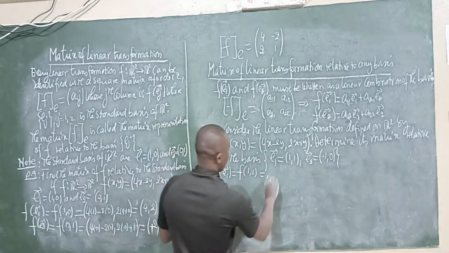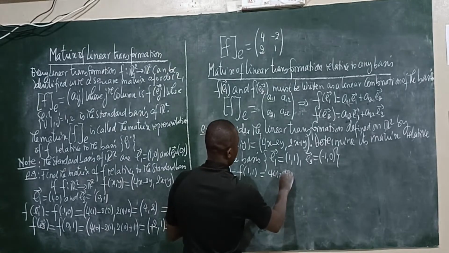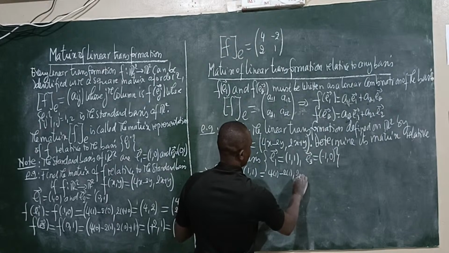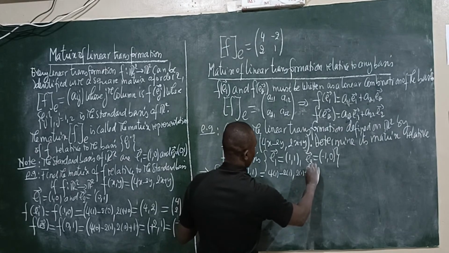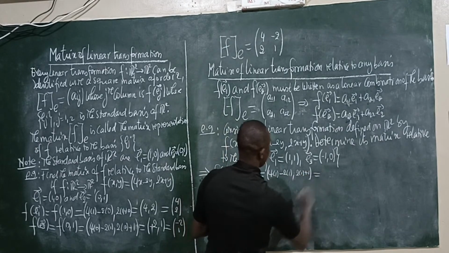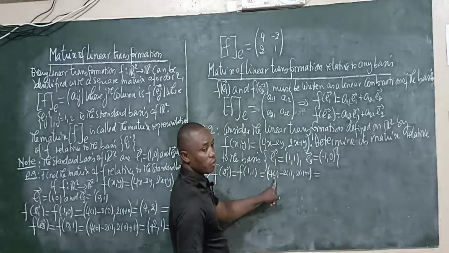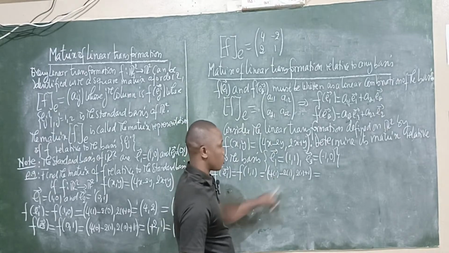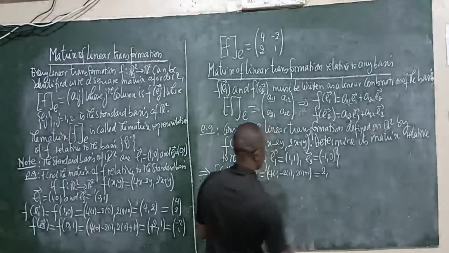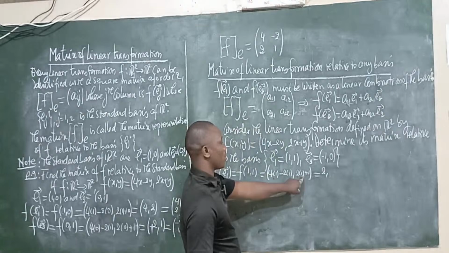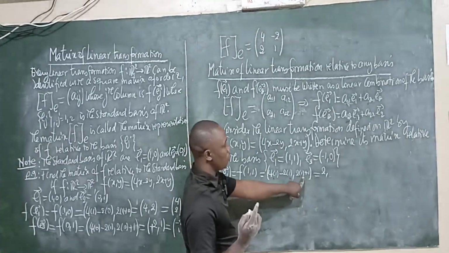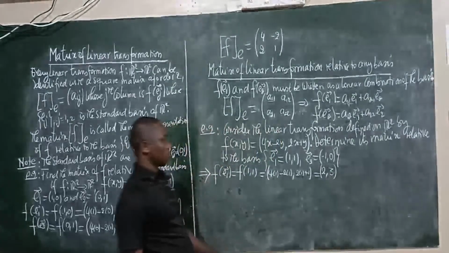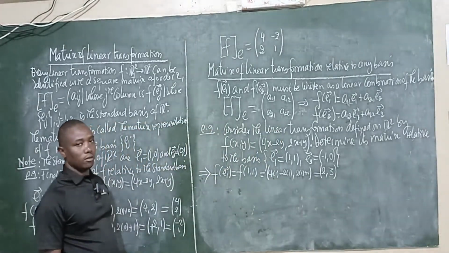This is going to be 4 into 1 minus 2 into 1, comma, 2 into 1 plus 1. We have 4 times 1, that is 4, minus 2 times 1, that is minus 2. We have 4 minus 2, which is 2, and you have 2 times 1, that is 2, plus 1 is going to be 3.